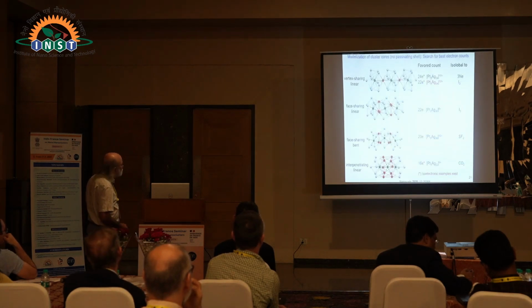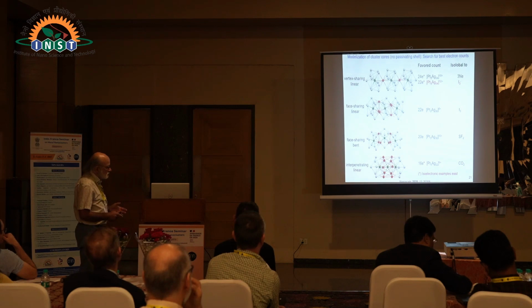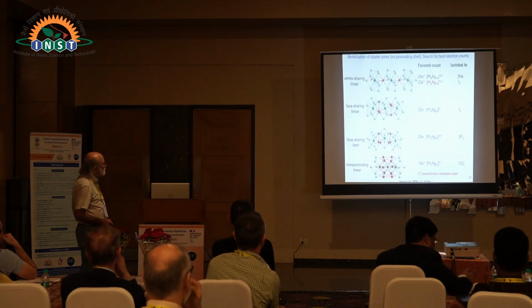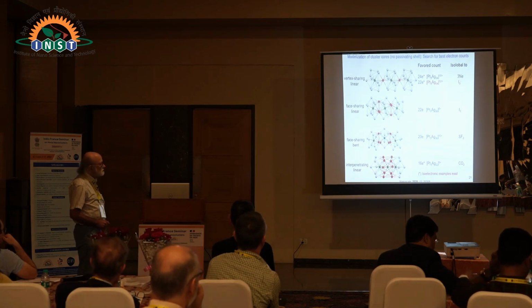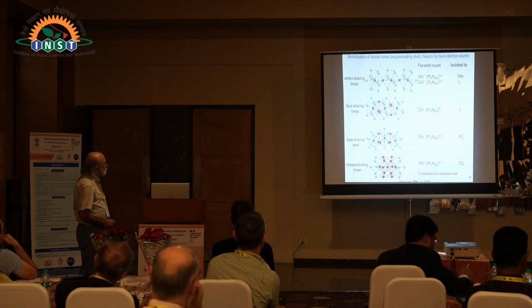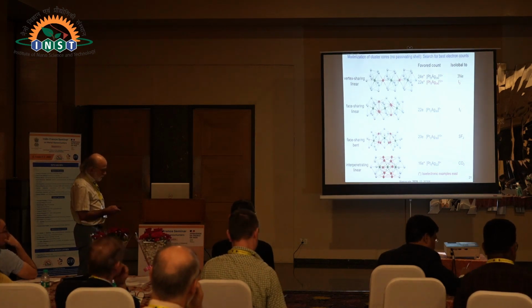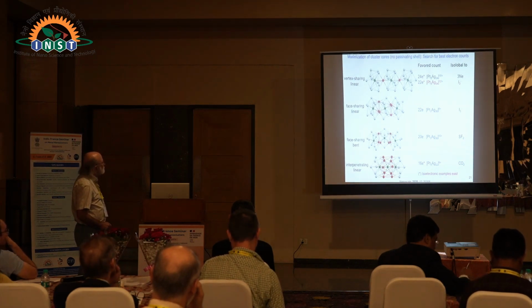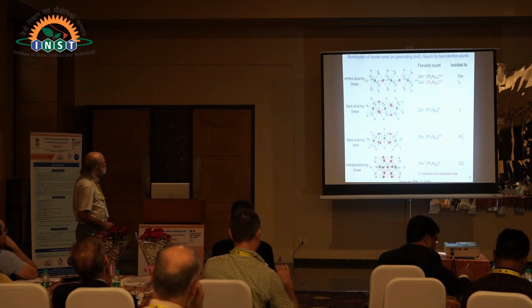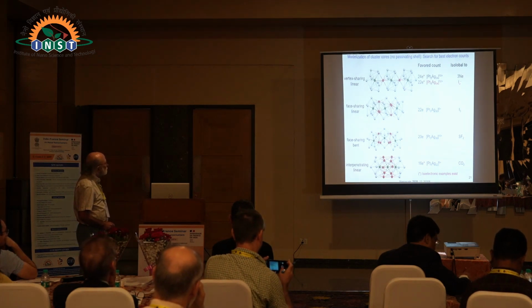So what we did, we calculated only the cores, the cationic cores, and we looked for the best electron counts of these systems, looking at HOMO-LUMO gaps mainly. So I just talk about this one. We have 2 favored electron counts.